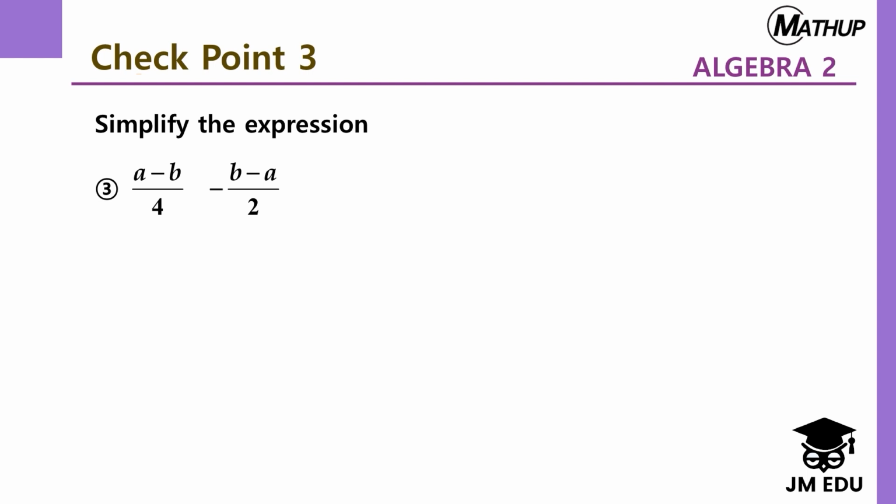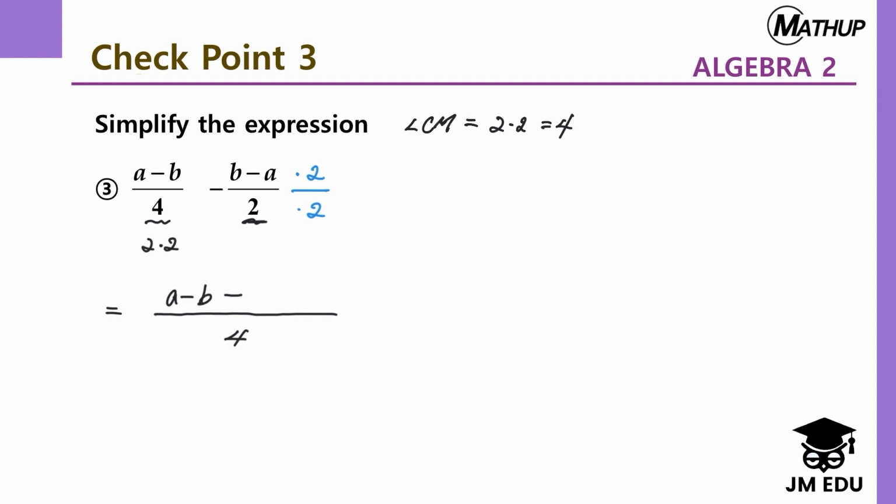Number 3, let's find the least common multiple of 4 and 2. So 4 is 2 times 2, right? This is just 2. So we must have at least two 2's. So 2 times 2, which is 4, right? So we have to multiply this numerator by 2, this denominator by 2. Rewrite the expression. Now common denominator is 4. We have a minus b minus 2 times parenthesis b minus a.